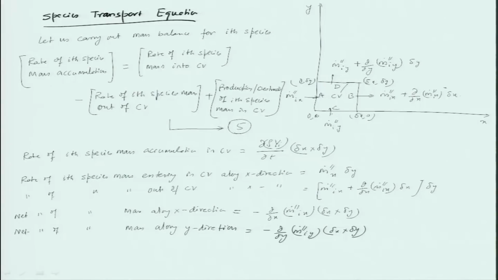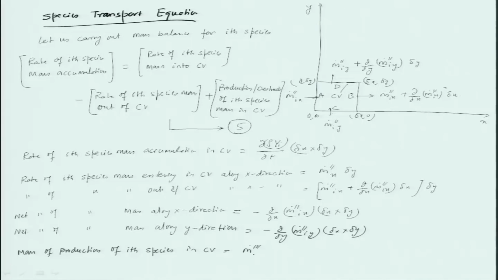Now, the mass production of ith species in the CV, what would it be?